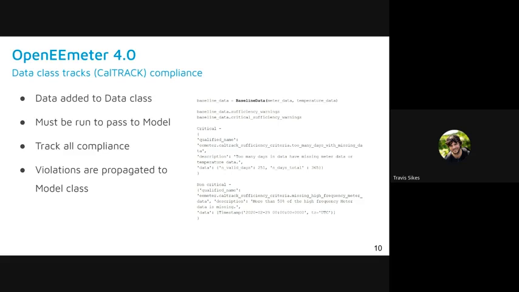Two trains of thought here. One is that the model would not proceed unless it passed the data compliance. And then there would be an override of ignore Caltrack compliance during the model fit step. The other is that we would always fit no matter what, and then it is up to the user to check whether or not there are any sufficiency warnings.